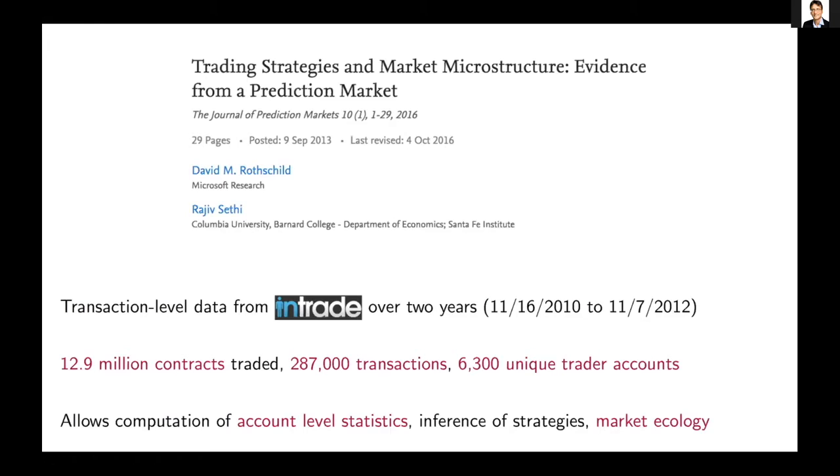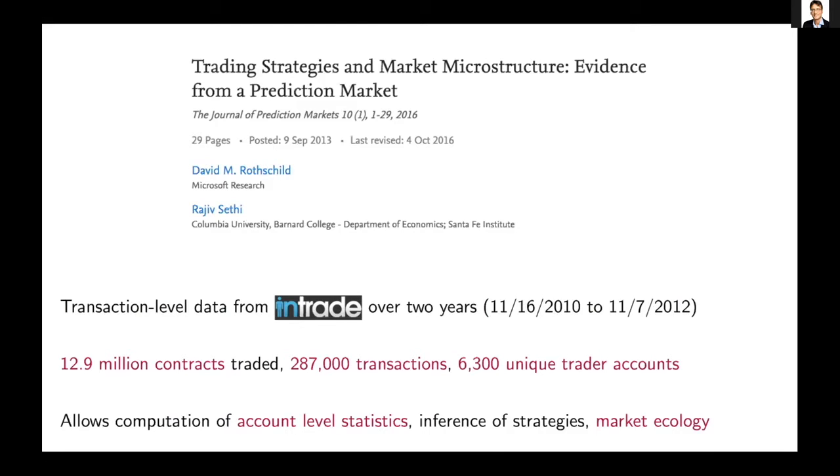We looked at 13 million contracts, close to 300,000 transactions, and 6,300 unique trader accounts. Now, we don't know who these traders are, but for every transaction, the accounts of the buyer and the seller are tagged. So we can trace all the transactions associated with a given account over this entire two-year period.